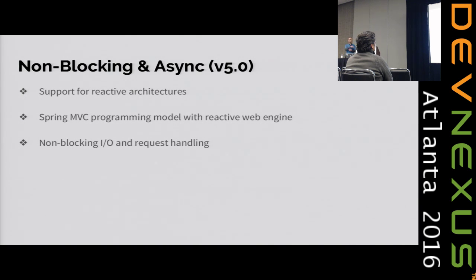Has anybody seen that or looked at it? Okay, no hands. And that's not surprising because I would say it's a bit of an island on its own. It's off of the servlet input and output stream, and you can register a read listener and write listener.